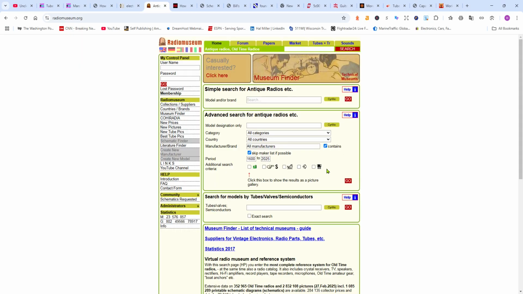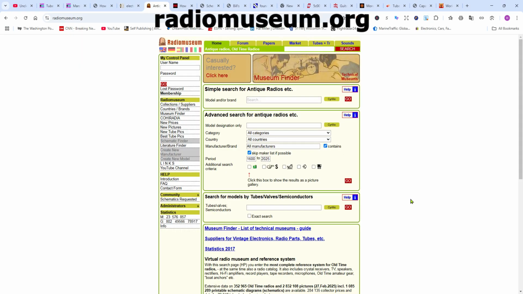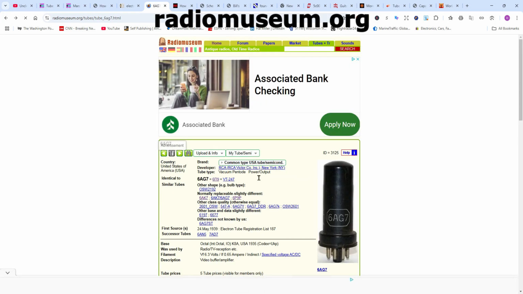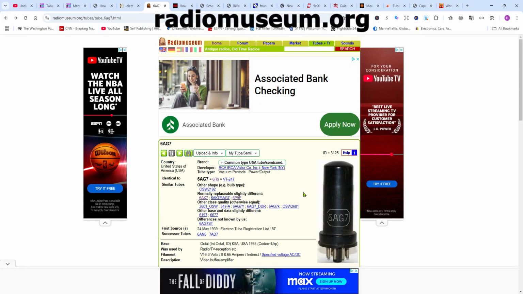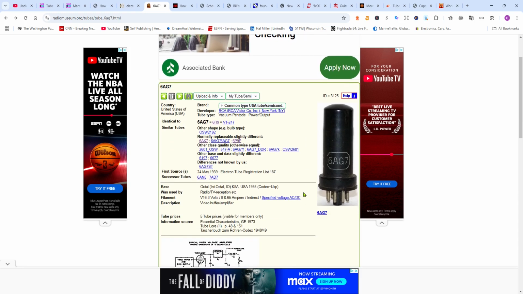And again, this is radiomuseum.org. I don't know the people in charge of it. But just about any tube, you can find a reference for on here. What's cool about this is they offer a cross-reference to each tube, which shows you what you can replace them with, whether it's pin compatible or electrically compatible.